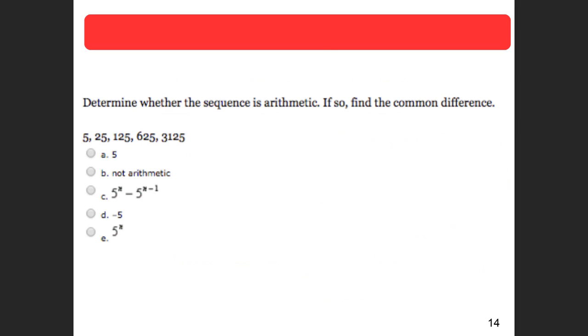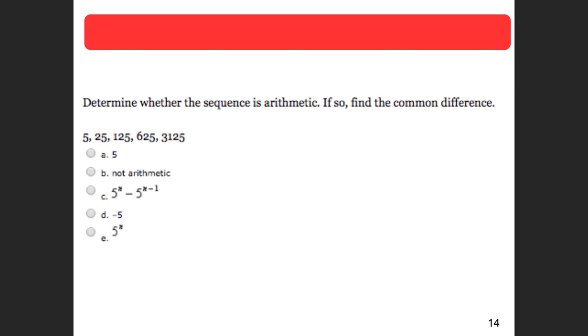Determine whether the sequence is arithmetic. If so, find the common difference. All right, so in this problem, Brian, is this an arithmetic sequence? And if so, what is the common difference? Yes, it is an arithmetic sequence.